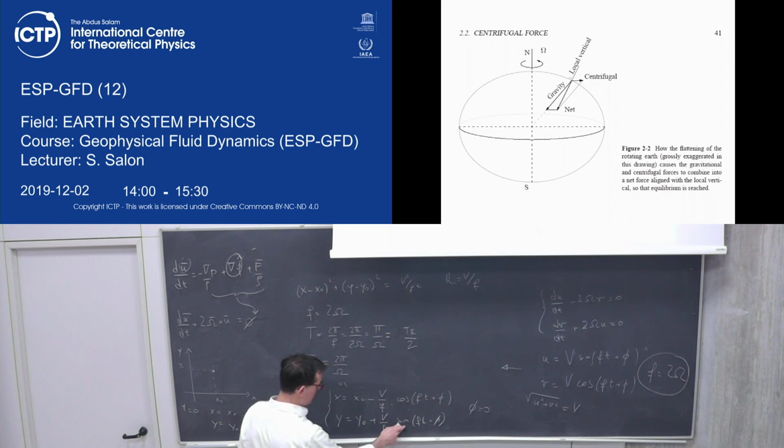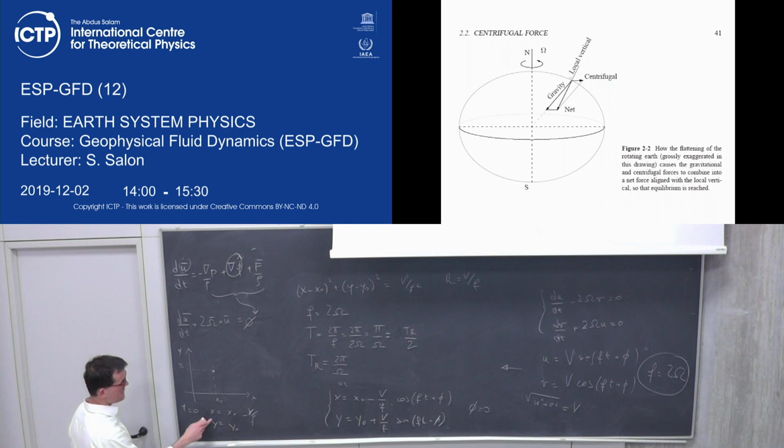Sine of 0 is 0, so y will be simply y0. So x equal to x0 minus V over f, and y0. This is my position at t equals 0.